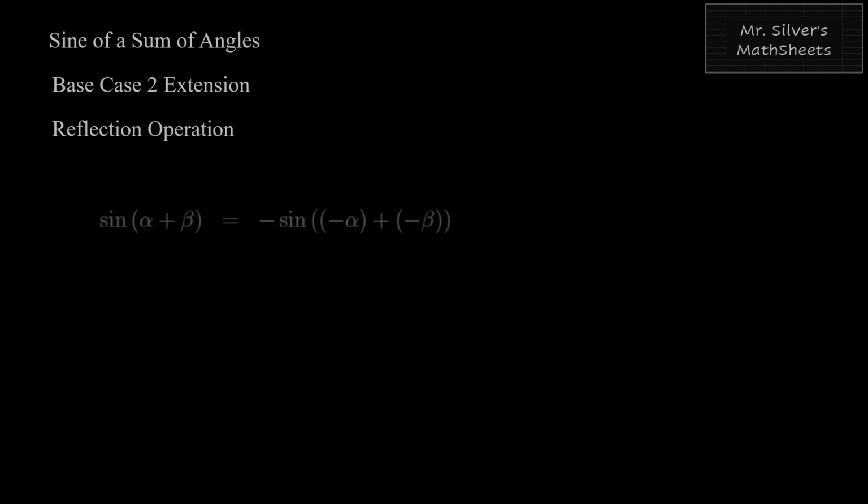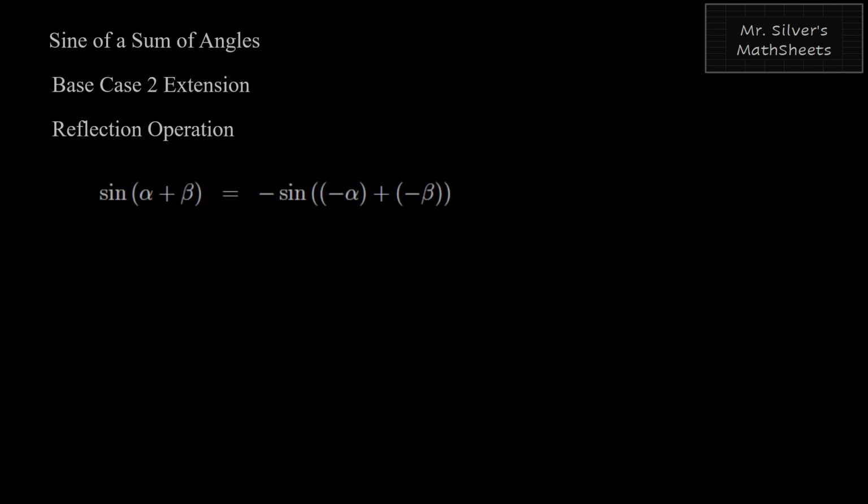Okay. Reflection operation. If I do not know that sine of alpha plus beta, the theorem applies, but suppose I can pull out a negative sign, and then the theorem would apply.